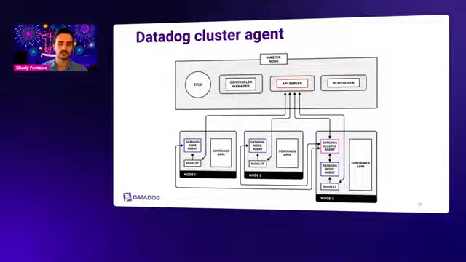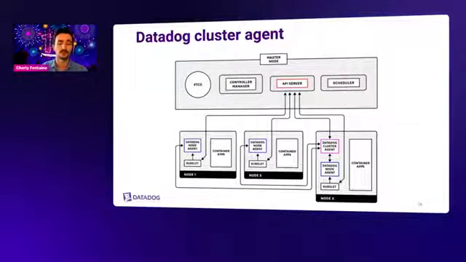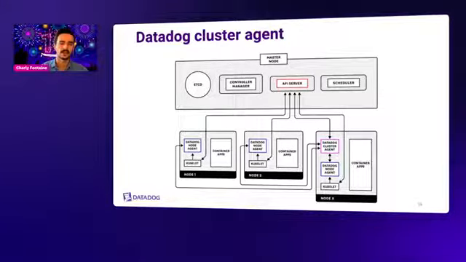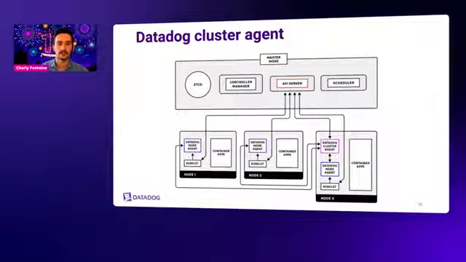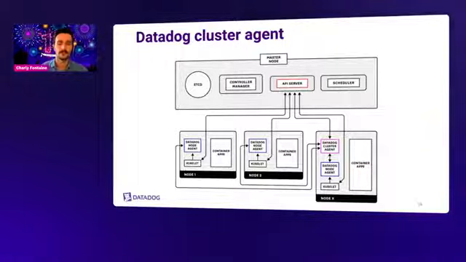The cluster level checks are a smart way to schedule heavy workloads in terms of processing. As Celine mentioned, the kube state metrics component will give you a state of your cluster and all of the different elements, whether it's deployments, services, pods, etc. And as your cluster grows, the output of this component can be really, really big.